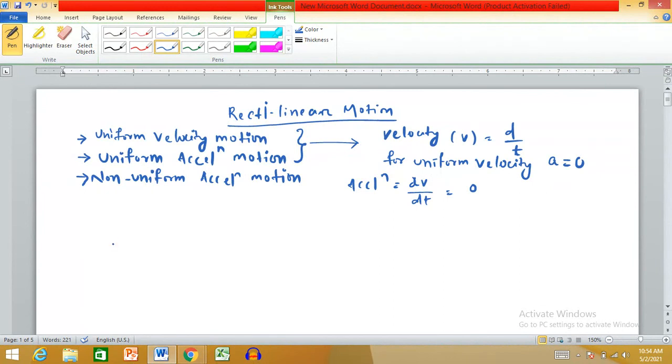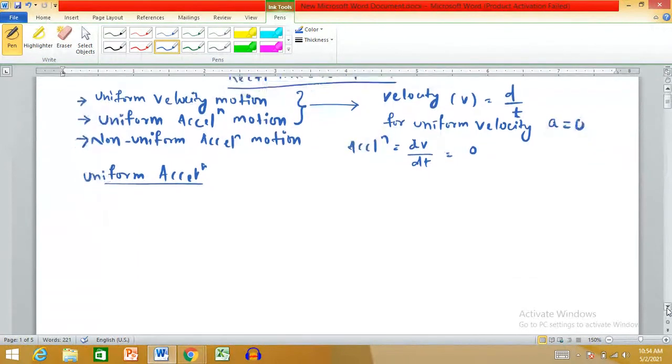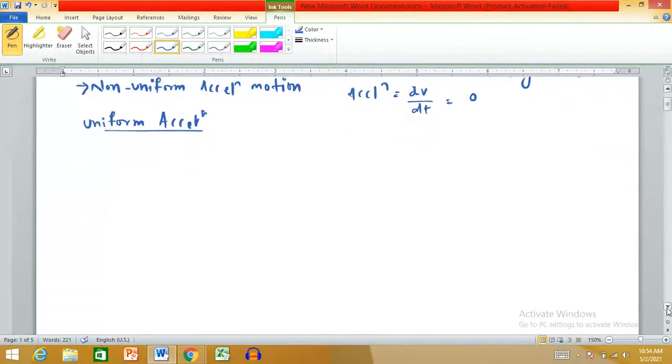Then the case of uniform acceleration. In case of uniform acceleration, we have a few different formulas, which are called equations of motion.